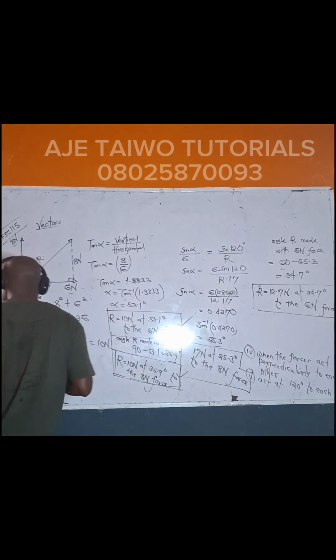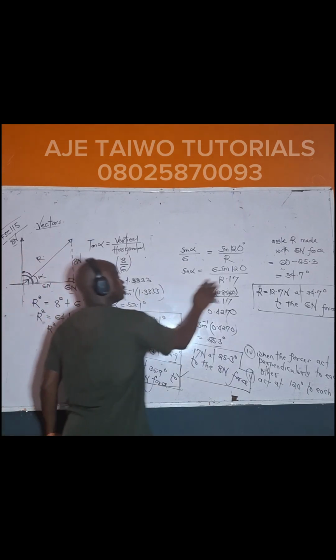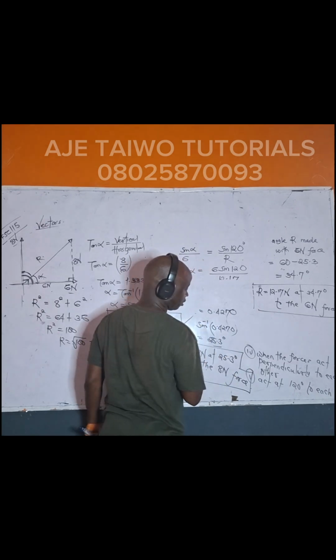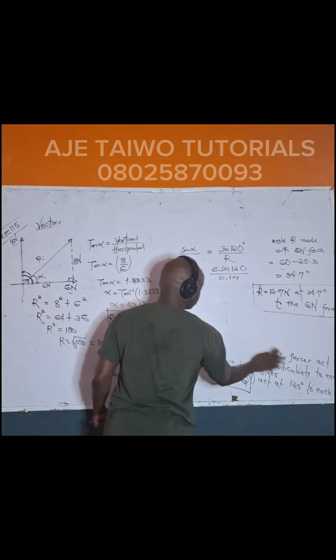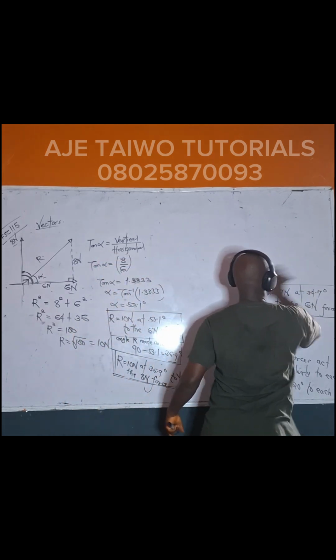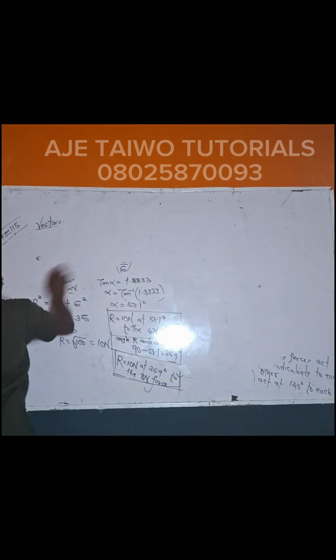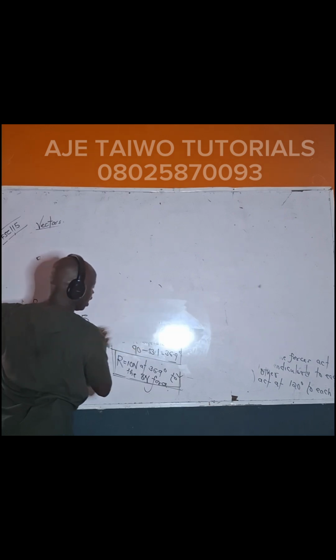Good. Alright, let's go on. The next one is, what's the class number 5? When forces are at 120 degrees to each other. Good. How do you draw?